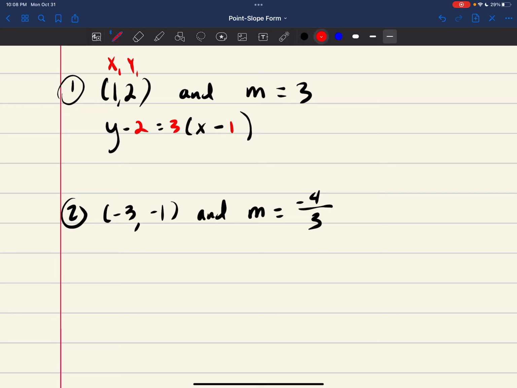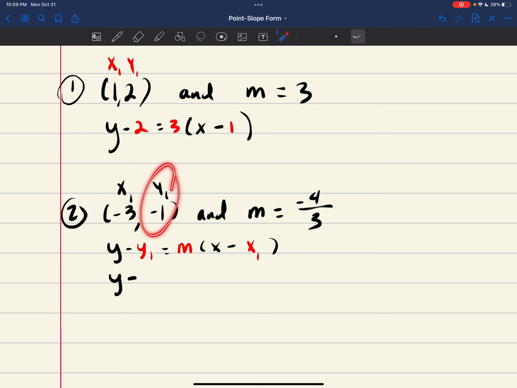So let's write the equation again. y minus y1 equals m times the quantity x minus x1. Okay, I am only going to be replacing the y1 and the x1 as well as the slope. So y minus... Okay, so this is x1, this is y1, and this is my slope.